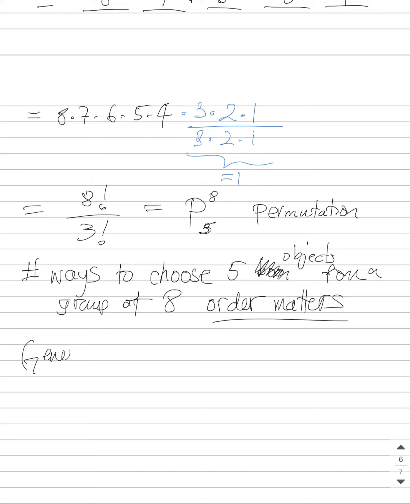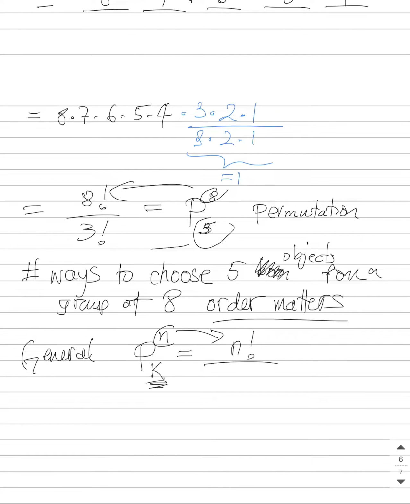So in general, when we write this symbol, nPk, with a permutation symbol, there's a way to calculate it. Whatever number is upstairs for n will go here upstairs as a factorial, and you could see that from the example above. And we want to put it in terms of the size of the group that we're choosing.